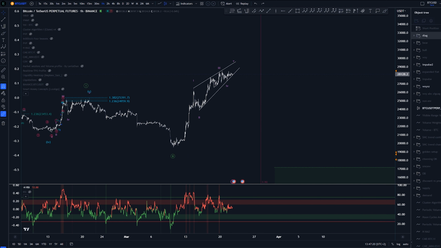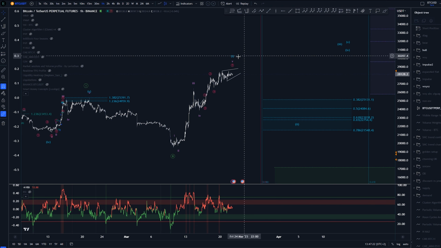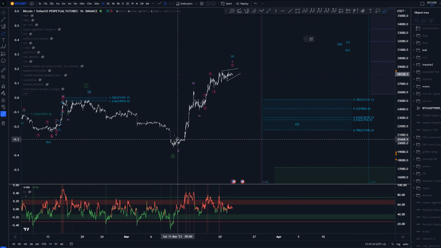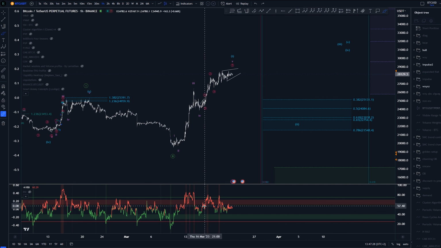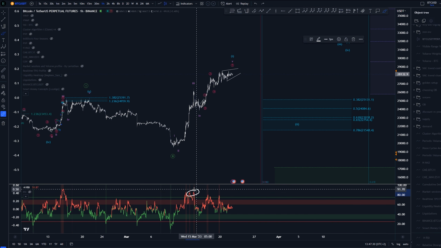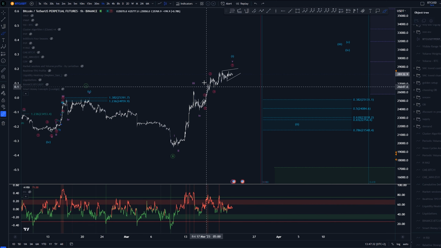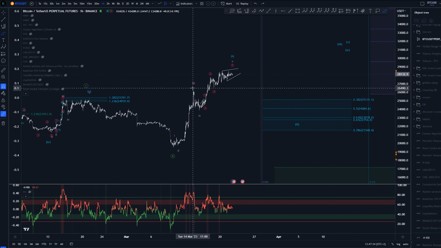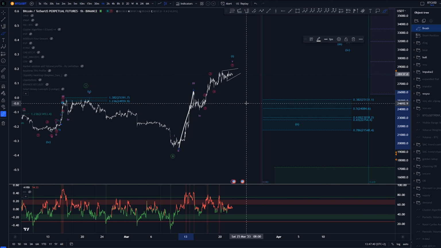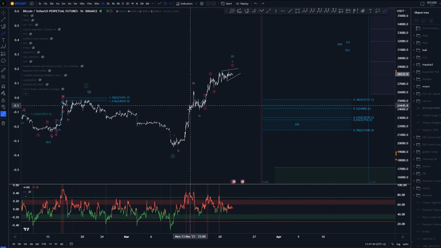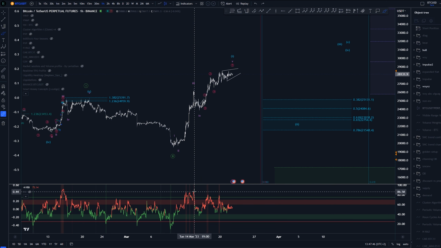Again, very similar to the bull count itself, but instead of this being a wave 1, this would be already a wave 3, based on the idea that RSI is the highest here. Again, on contracting leading diagonals, it is very common to see this as well as the highest RSI, as the first structure here would be the strongest of those moves, right? So again, that would be the highest momentum as well.